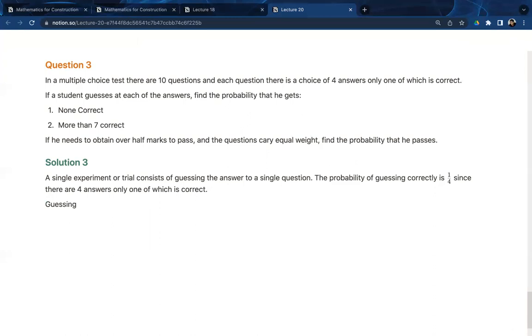Guessing 10 questions means repeating the experiment 9 more times. Each trial is independent of the other.